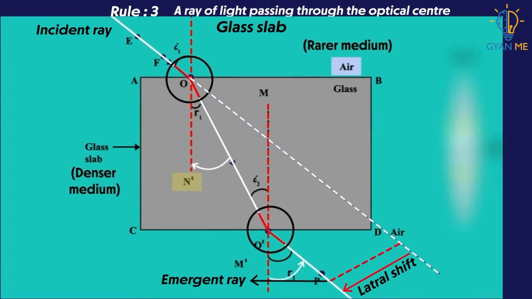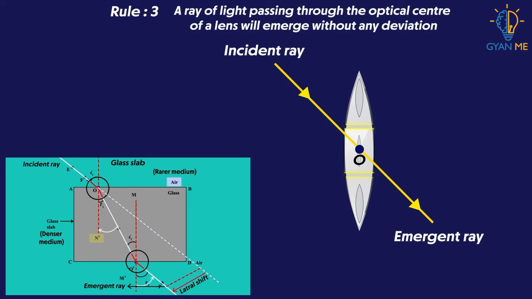The same happens for the lens. In this portion of the lens which is made up of slab, the deviation at the first point is cancelled at the other point. But we need to note one very important point here: for a thin lens, the ray appears to be passing straight. That is, they overlap each other.